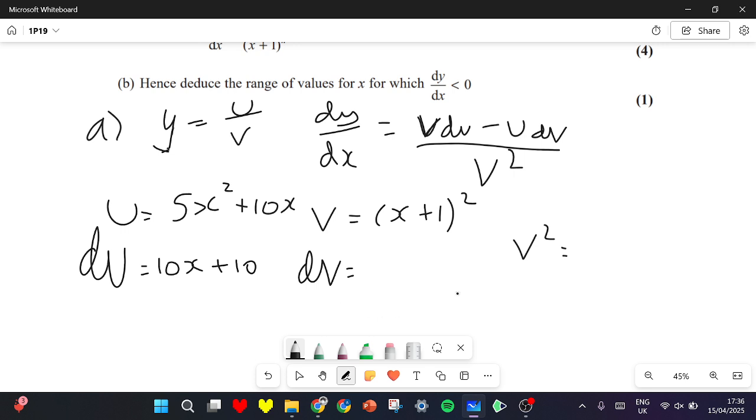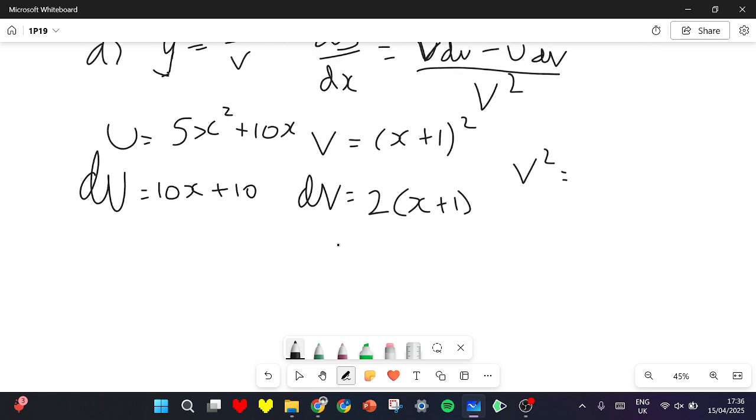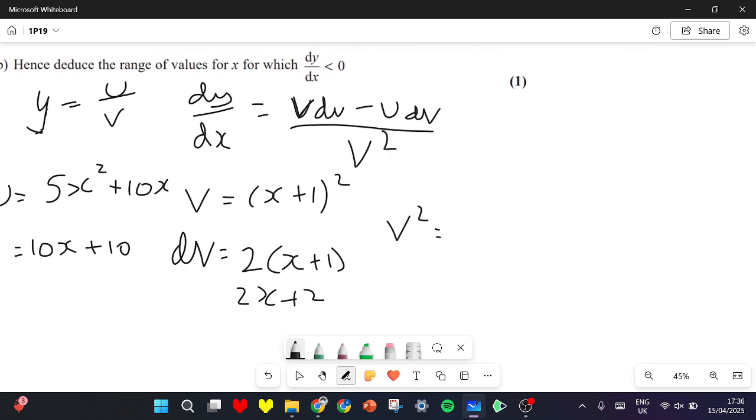You don't need to worry about timesing it by anything, because the derivative of x is just 1, so you can just put the 2 next to it and reduce the power, so it's 2 times x plus 1, or if you expand that, 2x plus 2. Then v squared is just going to be x plus 1 to the power of 4.